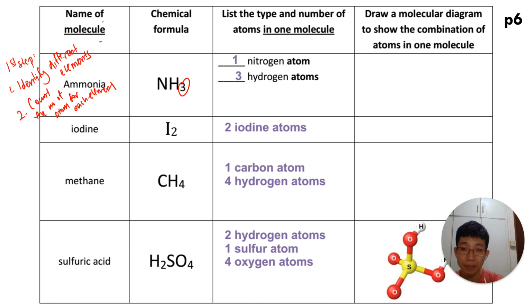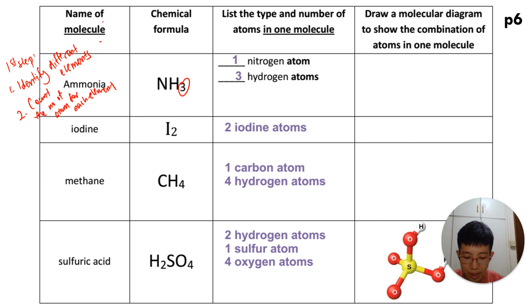For iodine, it has a chemical formula of I2. So what does it mean? It means that it has 2 iodine atoms. In this case, let me extend the question a bit. Is this an element or is it a compound? If you understand the general idea of an element, it has only one capital letter.